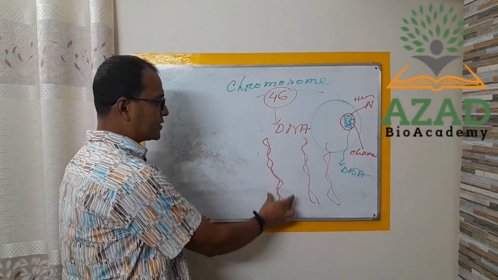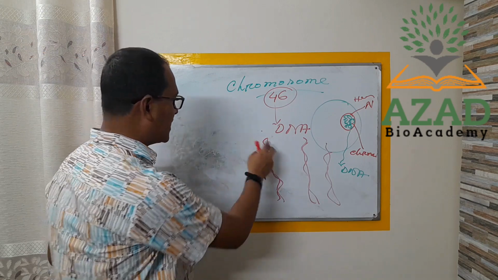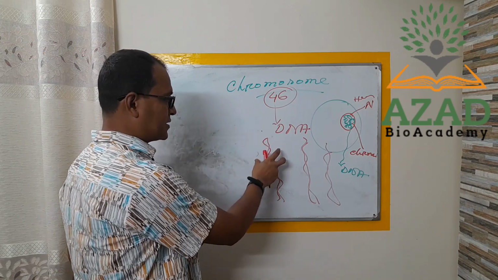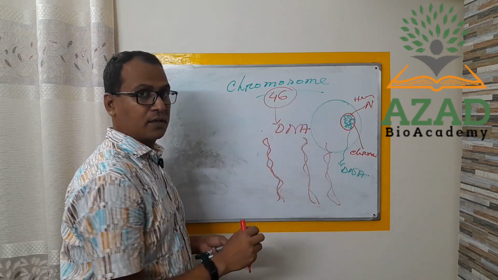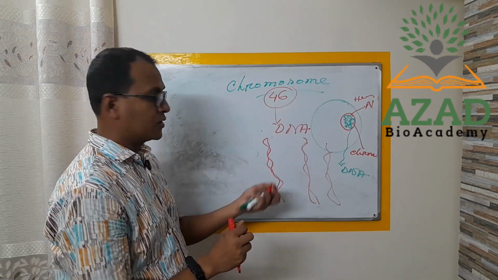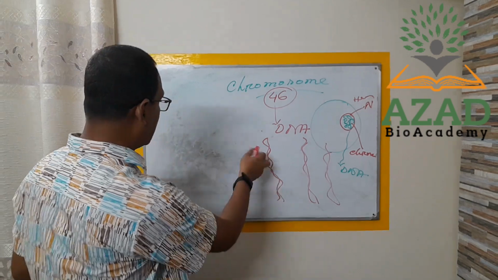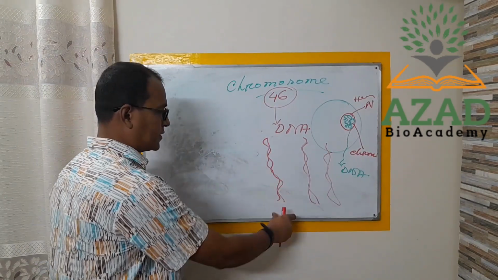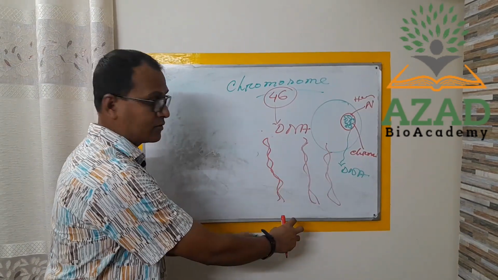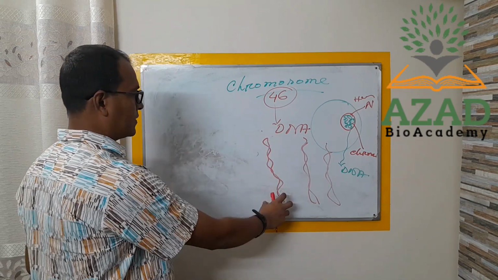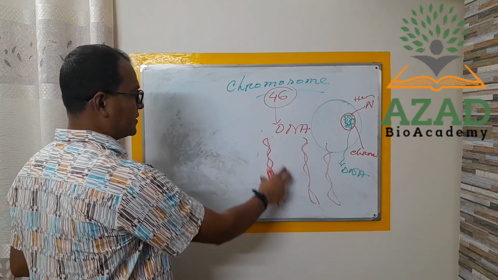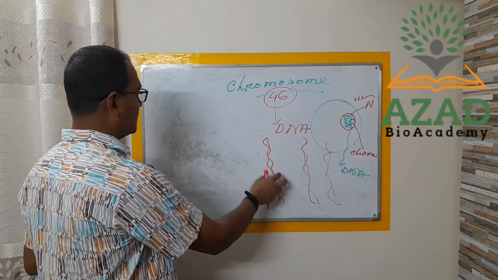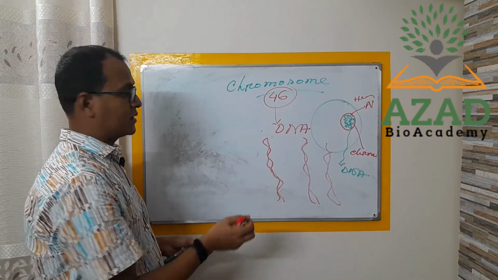So this is the genetic material DNA. DNA is not present like a single DNA within the nucleus, not like that. So how is DNA present? DNA is the nucleotide sequence, as like a thread. So how will it be present?